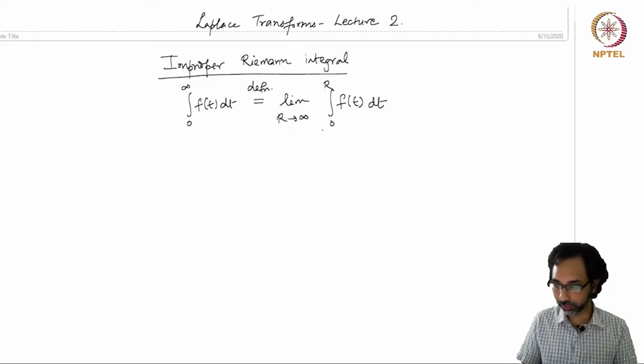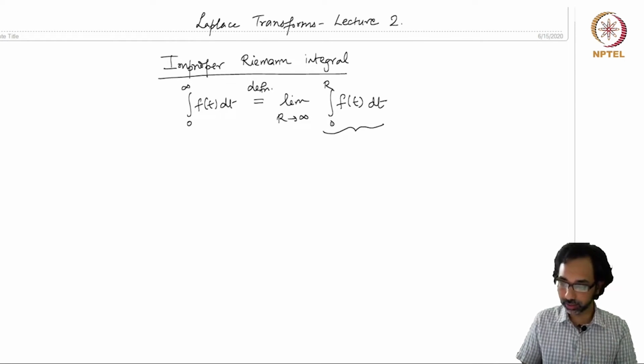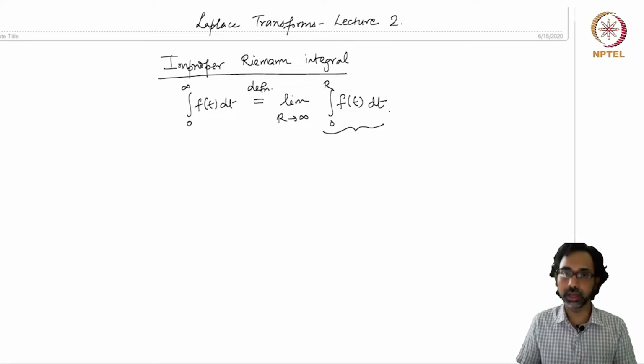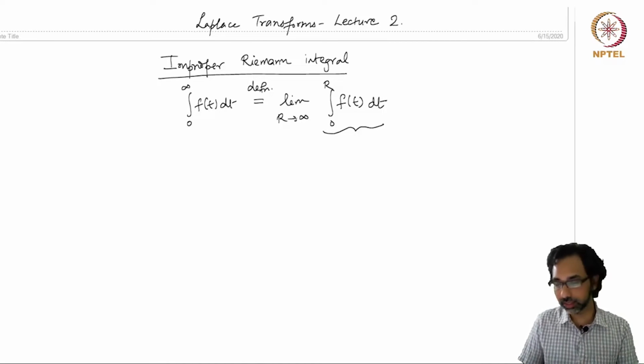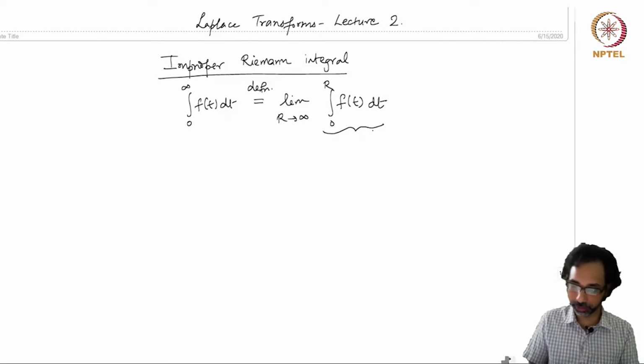Now, first of all, for this definition to make sense, the integral between 0 to r of f(t) dt must be finite, and then we say that the improper Riemann integral exists if the limit as r goes to infinity of this inner integral is also finite, right?